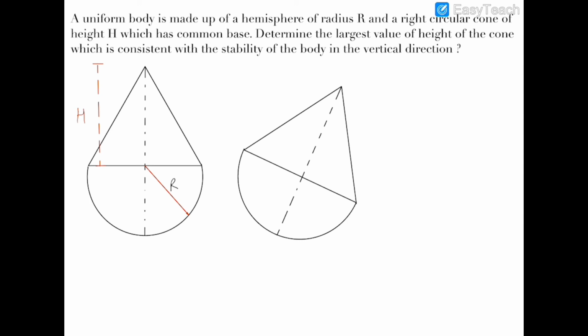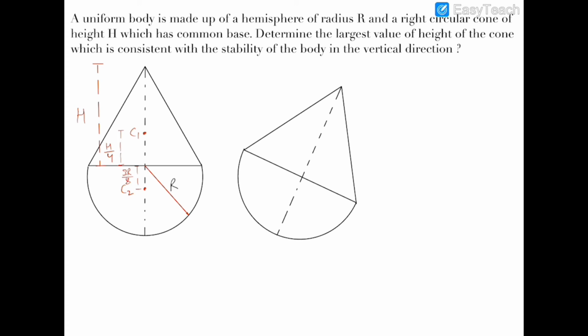So first of all, we know that the center of mass of this cone is at a height of h upon 4. This is C1. This is h upon 4. And the center of mass C2 of this hemisphere is 3r upon 8.